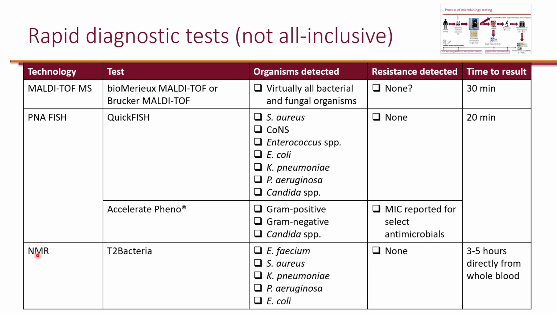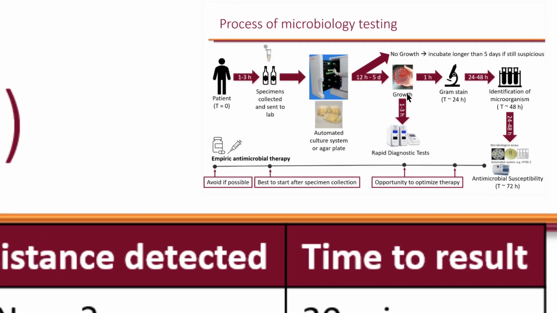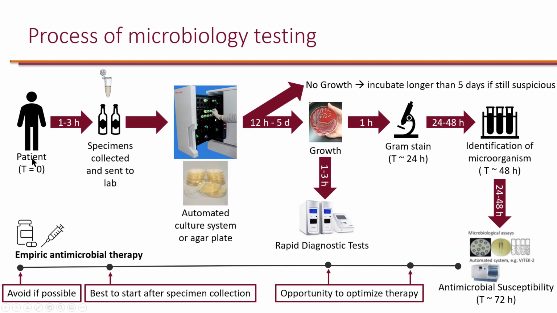And the most recent technology is the NMR. So there's the T2 Bacteria panel. This one is really interesting because it goes directly from blood. If you think of the whole process of microbiology testing, when a patient comes in, we get a sample, then you have to incubate it, and once you have an isolate, you can do rapid diagnostic testing, right?